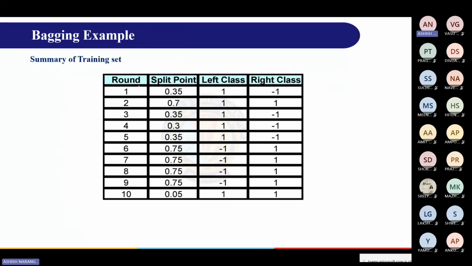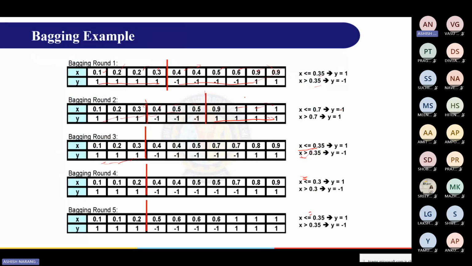Look at this. Bagging round 1: split is 0.35, left class 1, right class -1. Let me go back to round 2.